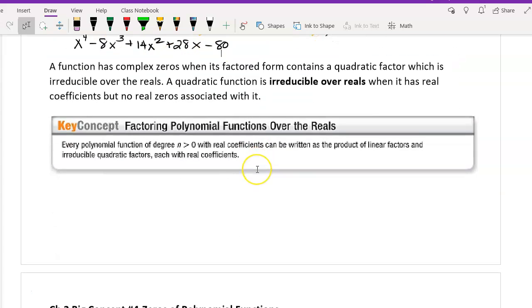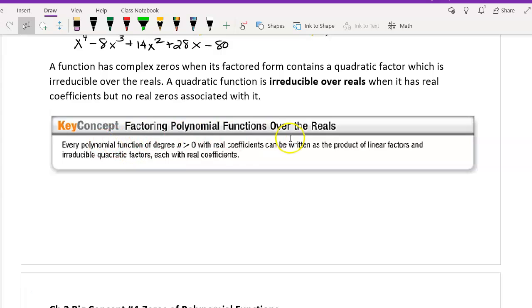All right, going on. A function has complex zeros when its factored form contains a quadratic factor which is irreducible over the reals. A quadratic function is considered irreducible over the reals when it has real coefficients but no real zeros associated with it.